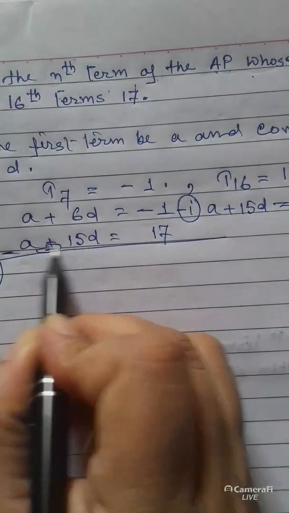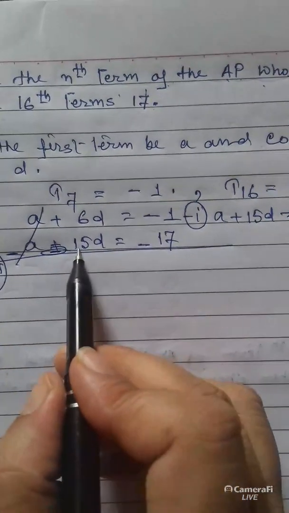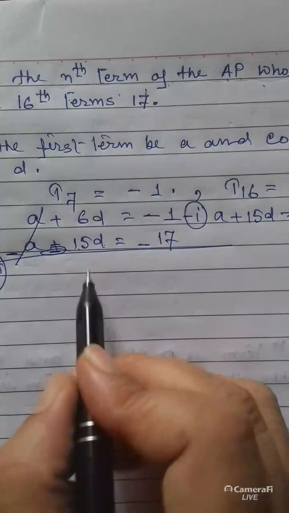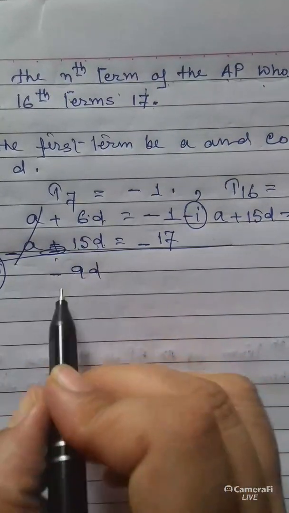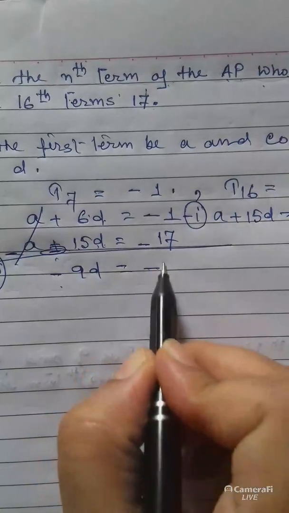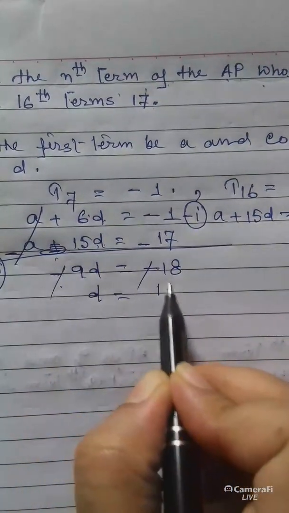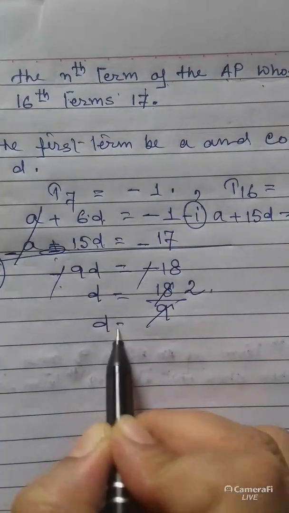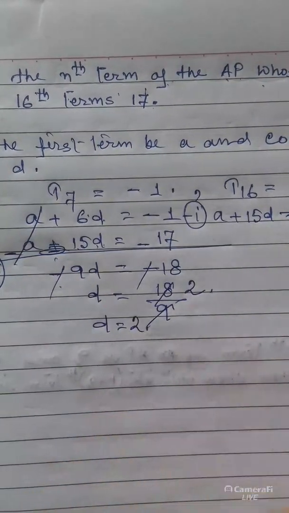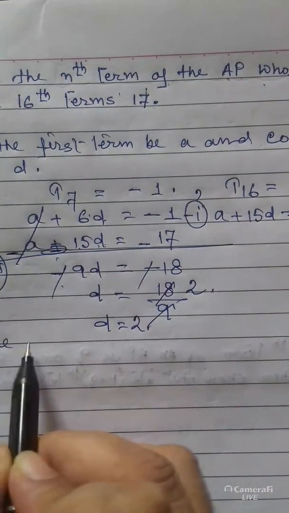A cancels. 15D minus 6D is 9D, so 6D minus 15D is minus 9D, equals minus 18. Minus minus cancels. D equals 18 by 9, which is 2. D equals 2.